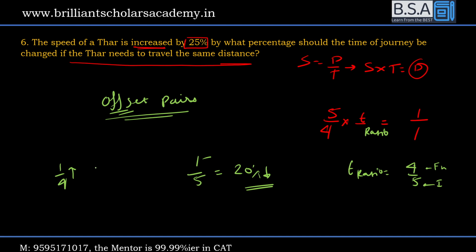By what percentage should the journey time be changed if Thar needs to travel a distance of 20% more than earlier? Go back to fundamentals.